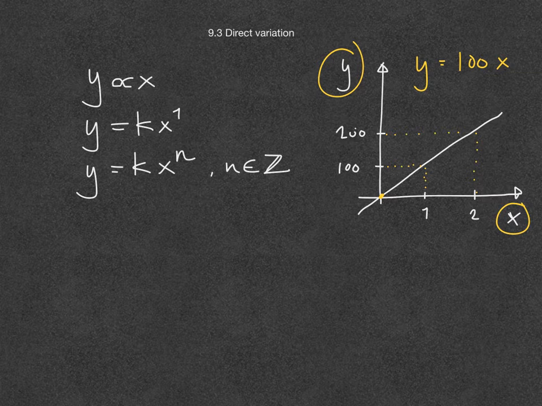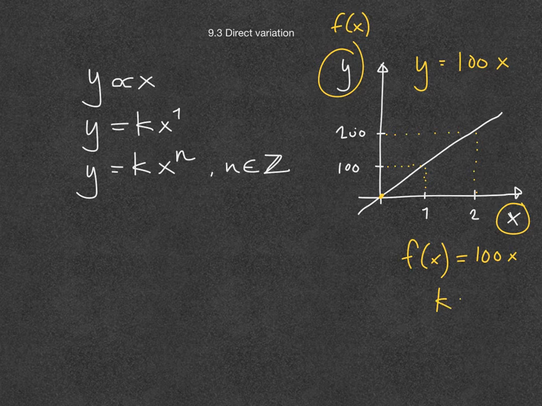And we could also write this as a function. Say that y is called the function f, and f is a function of x, where f of x equals 100x. So in this case, k is equal to 100.